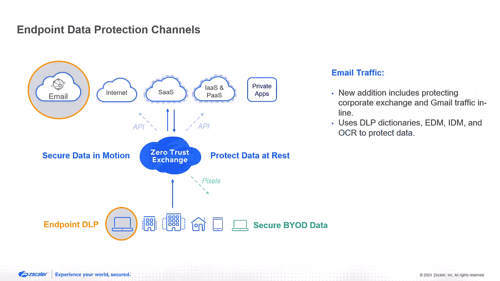And then the new addition to the family is looking at your corporate Exchange and Gmail traffic inline and being able to protect your data inline using all those DLP dictionaries and engines, EDM, IDM, and OCR.